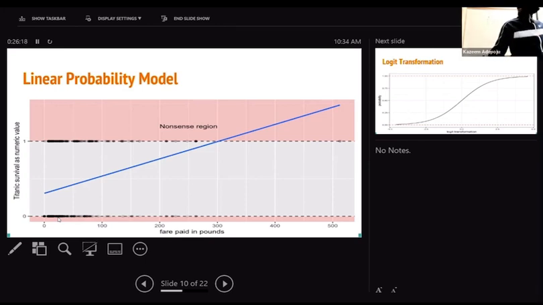Using the linear regression model for a categorical variable will lead to violations. And I told you the other time, a model is only as good as the assumptions put into it. If assumptions are violated, then we cannot trust the model.